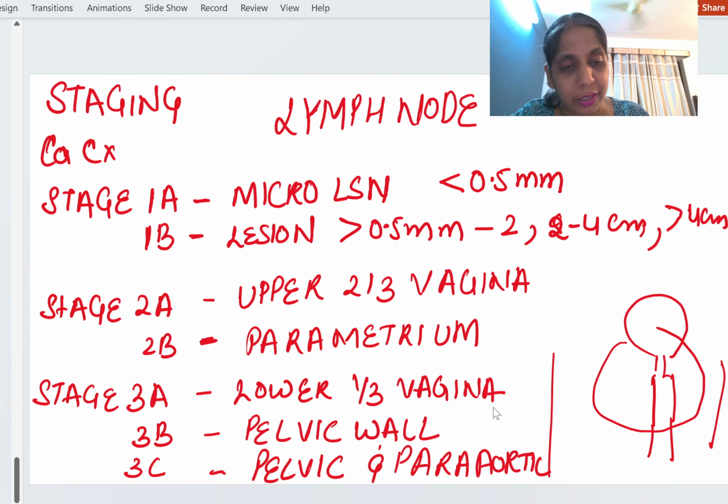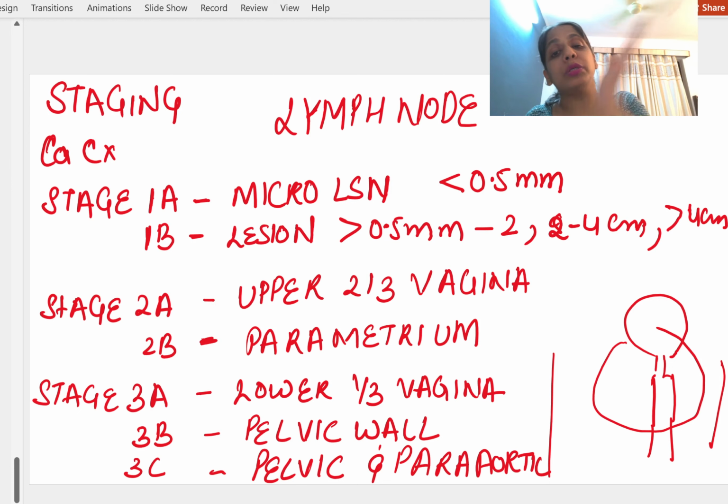You will make a circle and you will dissect the vagina into upper 2/3 and lower 1/3. So the parts which come into that circle are cancer cervix stage 2. 2A is upper 2/3 of the vagina and 2B is parametrium.